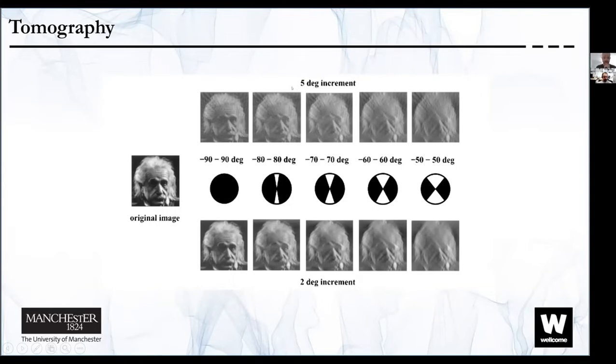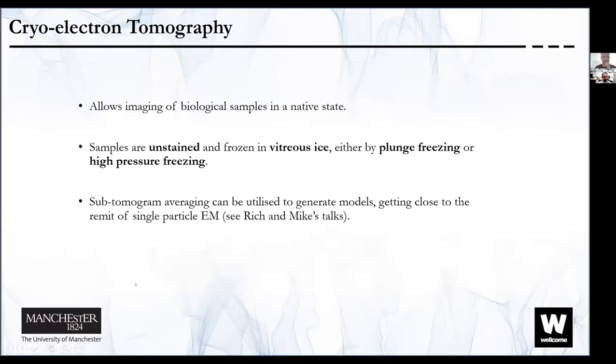This also shows 5 degree and 2 degree increments, that's the increment between images on the tilt. And you can imagine that the bigger your increment, the less complete your data is. So if you've got a smaller increment, that increases your data quality. But there are various questions that come into that, like the more images you take, the longer the time is, and the higher your dose is, and your electron dose can damage your sample.